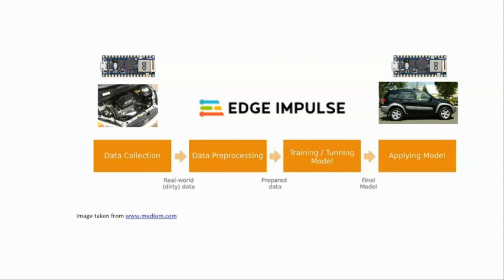Then we're going to take these data and import them to Edge Impulse, and we will process the data, and then we will create and train our model there, and then we're going to deploy it back to the Arduino Nano RP2040 Connect, where we will apply it again to the engine to see whether it is successfully predicting a knock or a vibration.